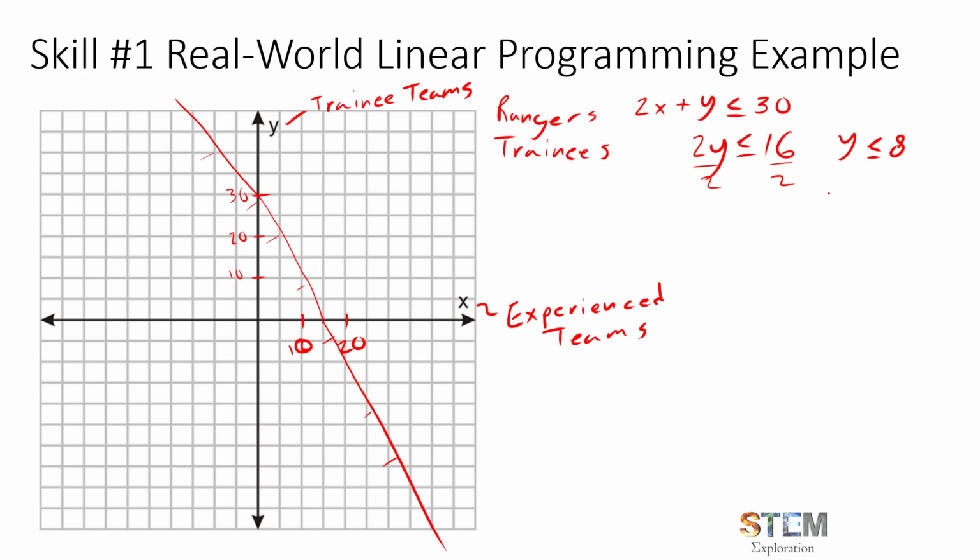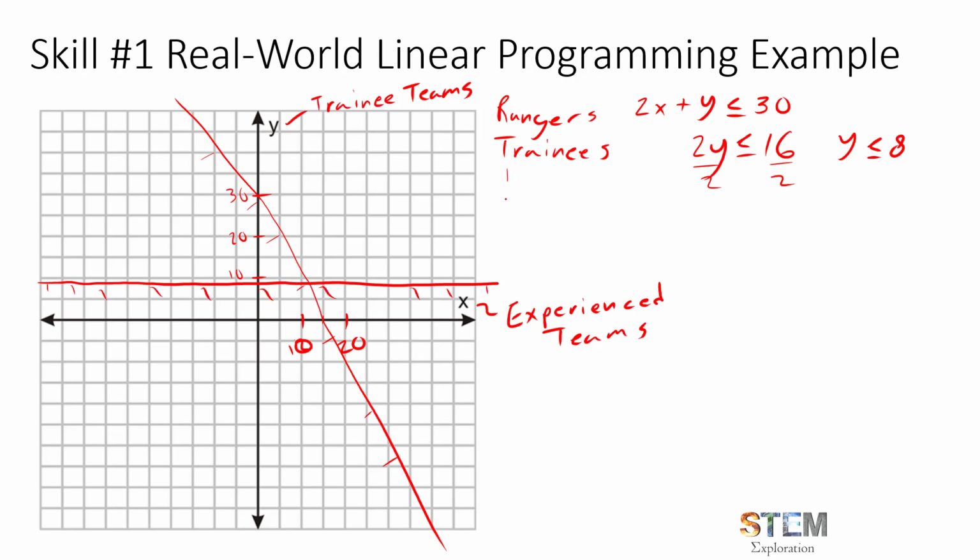So the maximum number of training teams that I can make here is actually 8 training teams. And so now the main thing that you should be noticing here, okay, plug 0 in for y, use 0, 0 as a test point, we should be able to shade downward here.